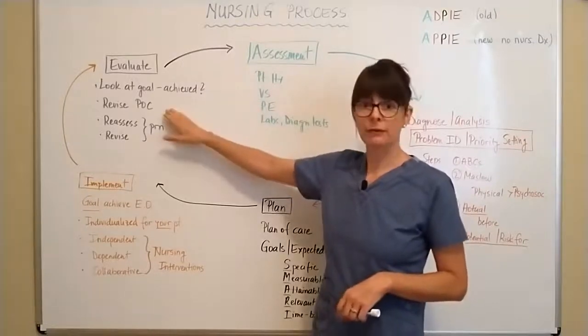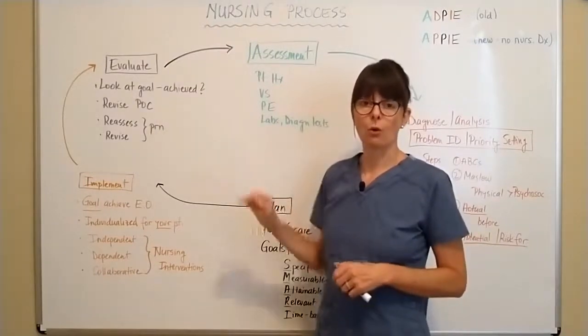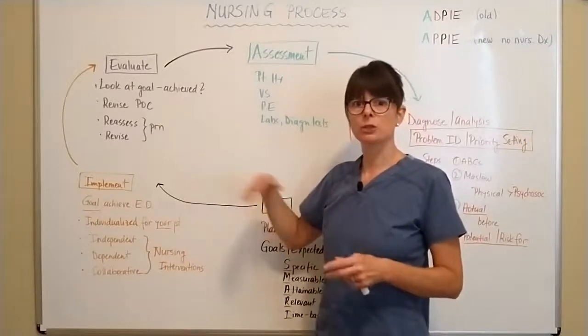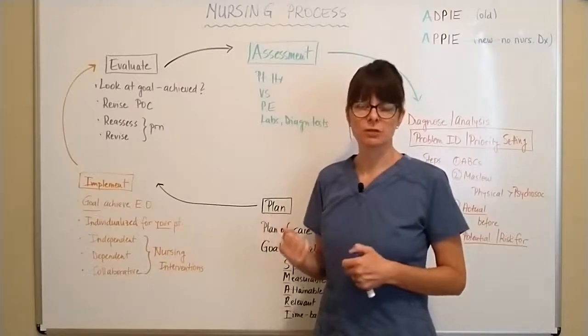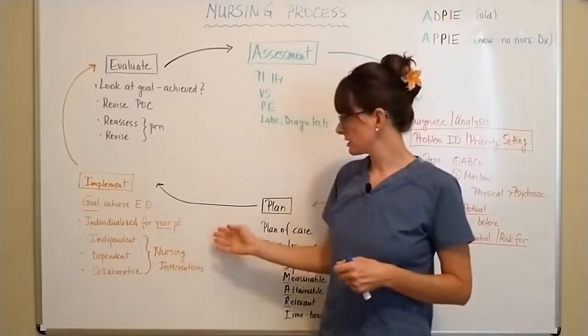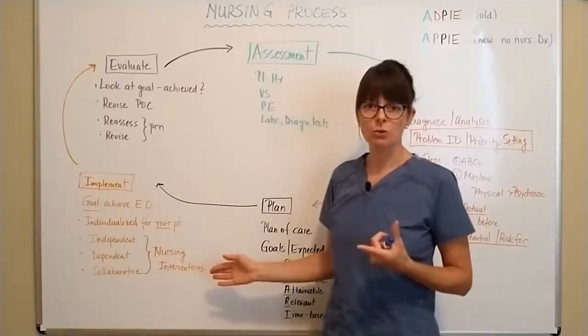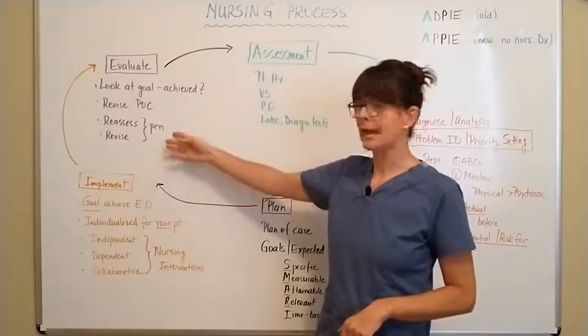So revise the plan of care, either if you have achieved the goal or if you maybe now have identified, oh, maybe I need to change my plan of care. So maybe now there's been a change in the patient status, or with the interventions that I have implemented, I didn't really achieve my goal, so now I have to go back, reassess, and revise as needed.